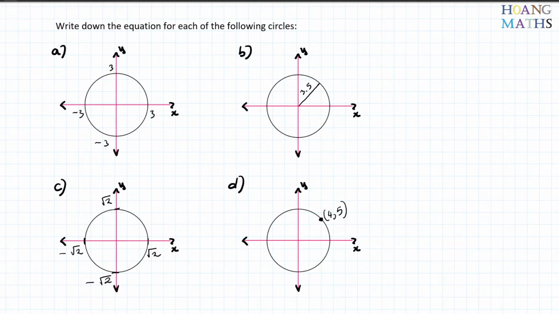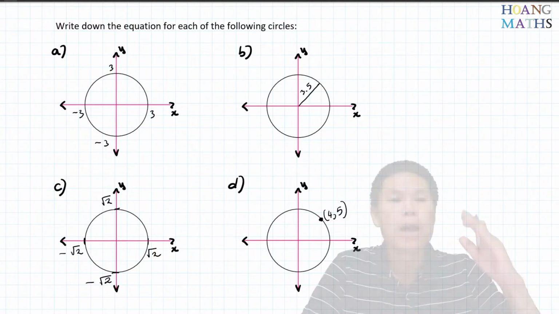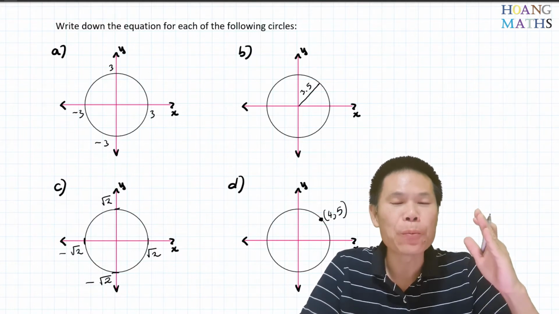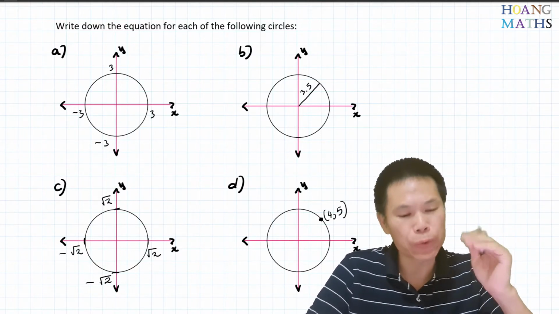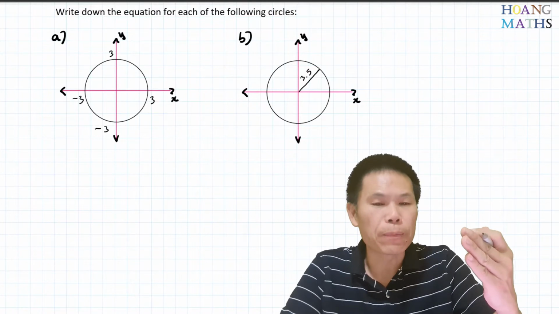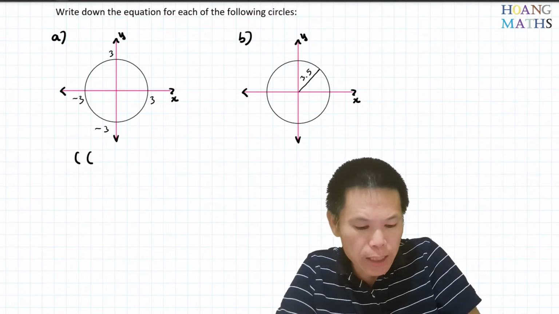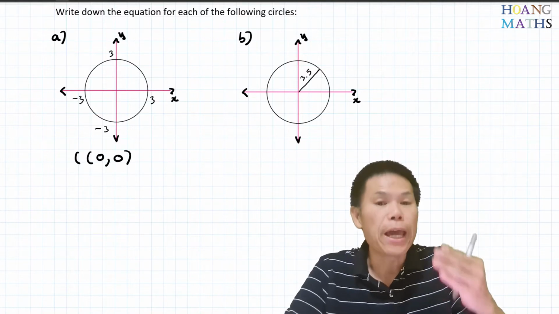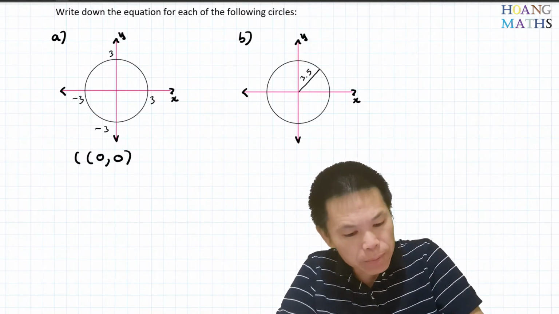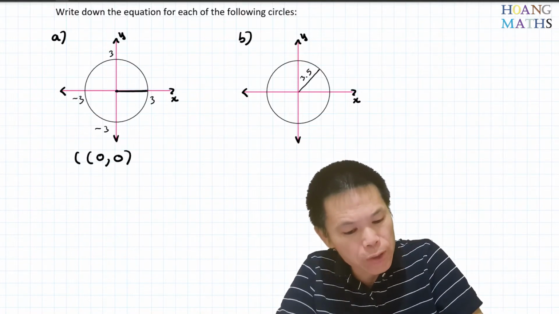Hi, I'm back. How did you go? Let me go through it with you. First one, we know the center of this circle is 0, 0 and the radius is 3, because from the origin to here is 3.